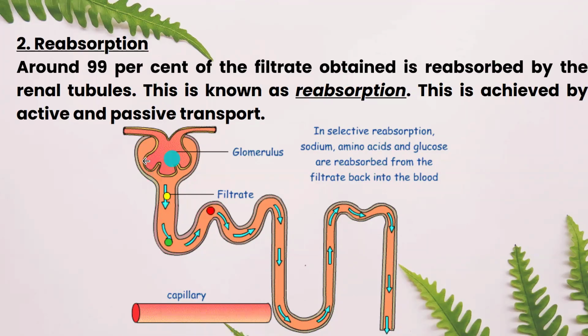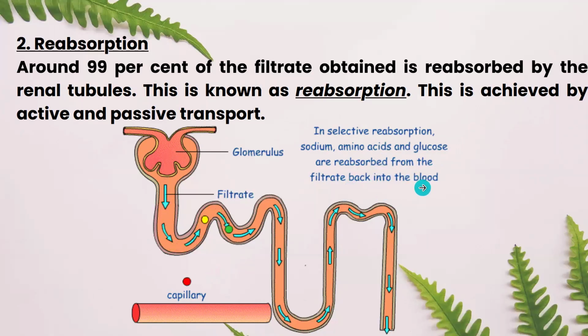So here we saw that the entire filtrate is going down, and the reabsorption takes place, in which 99% of all the components are reabsorbed. That means we can see the sodium, amino acids, and glucose are reabsorbed from the filtrate back to the blood again.